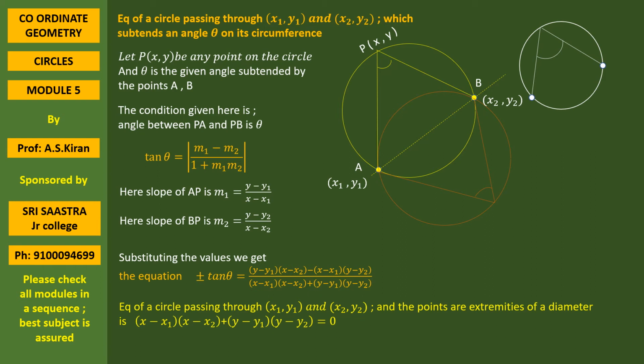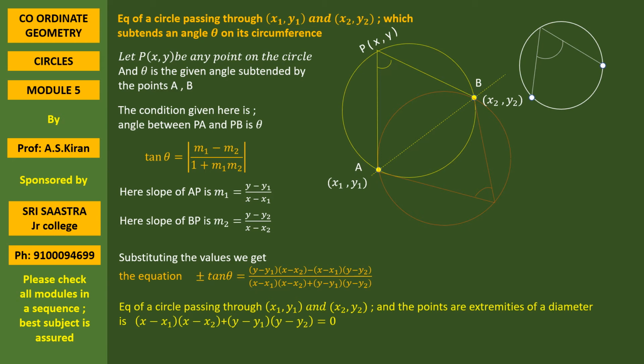See, if the two given points are the extremities of a diameter, we already know that any diameter in a semicircle subtends a right angle.